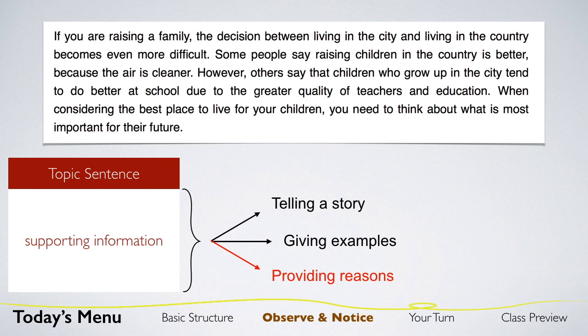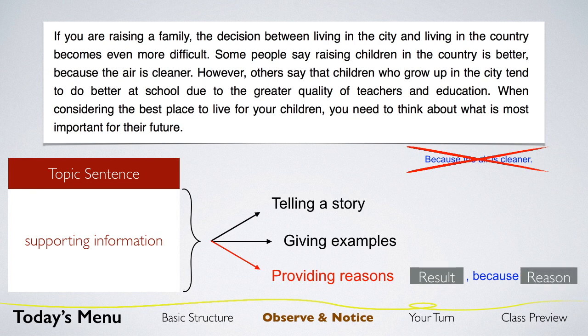Now, of course, using because is great, but again, many students use because incorrectly. They tend to write sentences like, because the air is cleaner. However, when we use because, we need to make sure there are two parts to the sentence, with the result coming in the opposite half to, comma, because, and then the reason for the result.